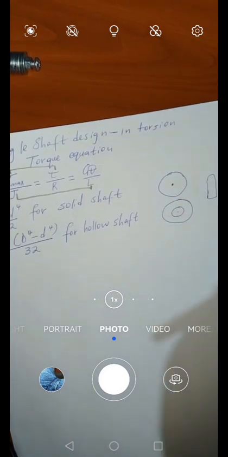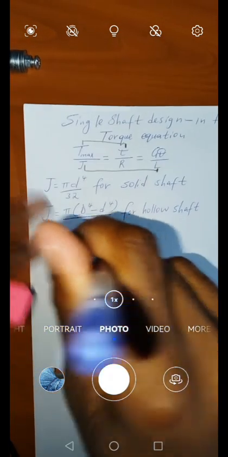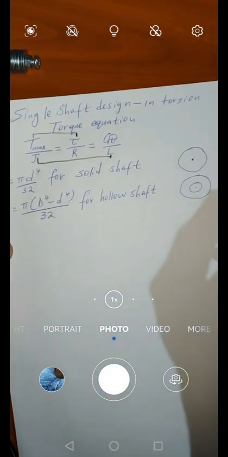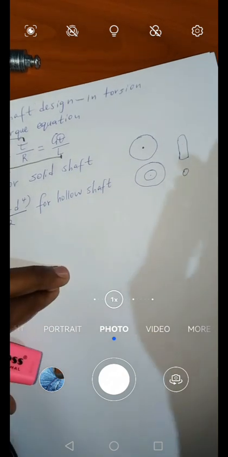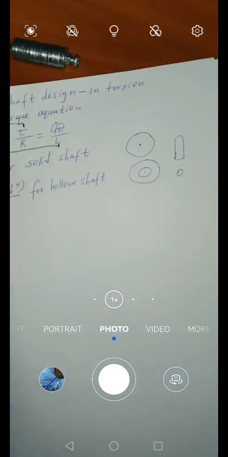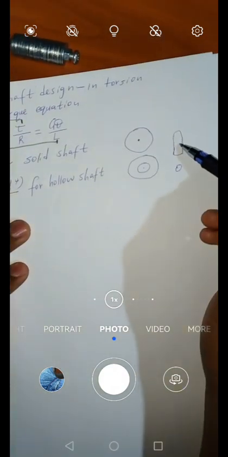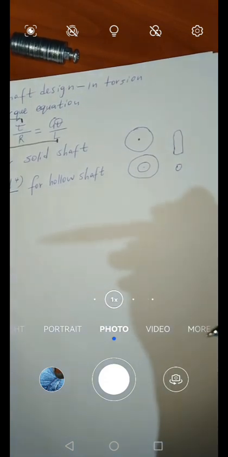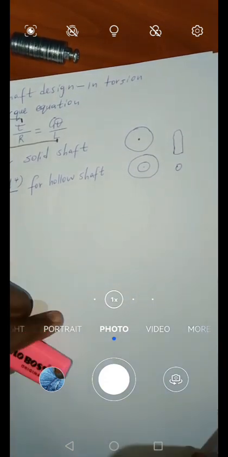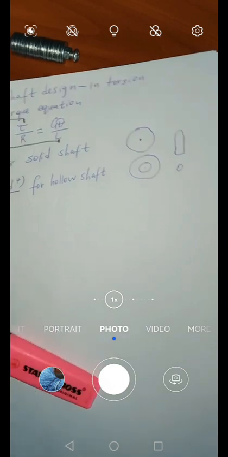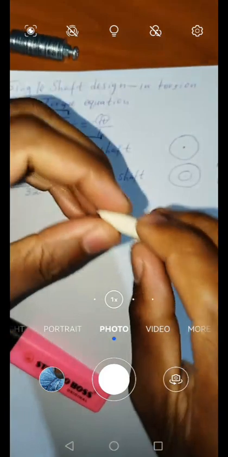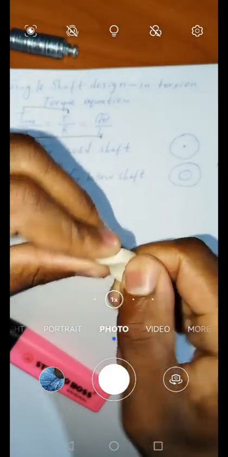And then this one has a cross-sectional area of something like this. So this profile or shape and this one will have their own resistance. Resistance, we're talking about the resistance to torsion. Torsion, I'm talking about this twisting.